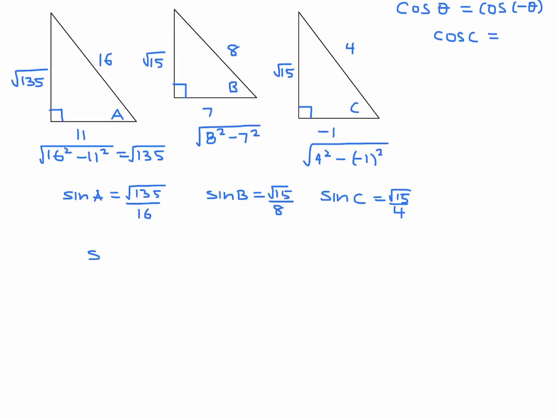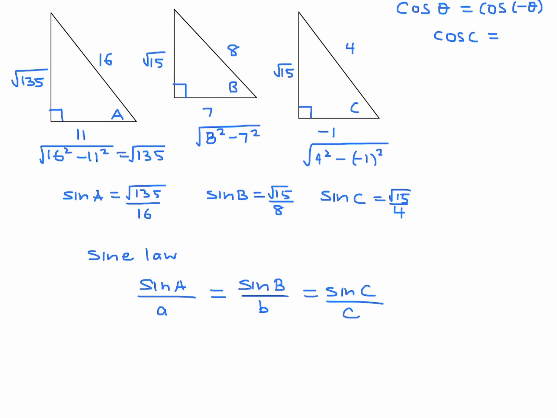The sine law, which I'm sure you know, states that if the sine of A over A, which is the small a denotes the side length, if you have that ratio, it's equal to the sine of B over B, which is equal to the sine of C over C. So let's put that in there.